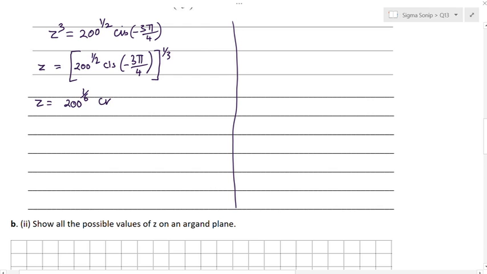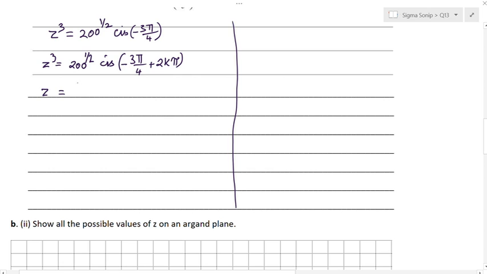Okay, but before we do that, we need to generalize this statement. So I'm going to clean that up, and let's see. Let's say that Z cube is equal to 200 to the power 1 over 2 cis minus 3 pi over 4. The thing is that this is a periodic function because it consists of sine and cos. So we can add 2k pi here. And now we take the cube root of both the sides.